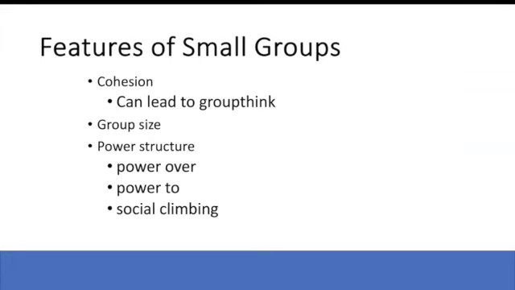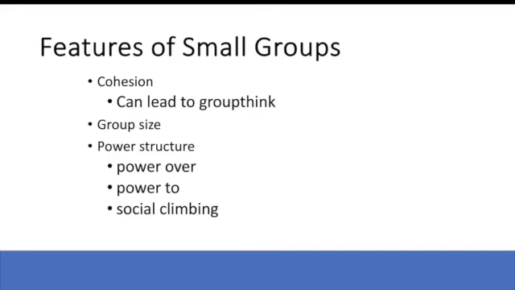Some features of small groups now, all right? One of the things that can be positive about small groups is that there's cohesion, right? People stick together, but the downside is what we call groupthink, where you're just going along to get along and you may overlook problems.